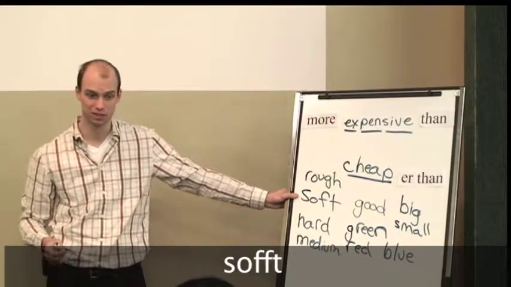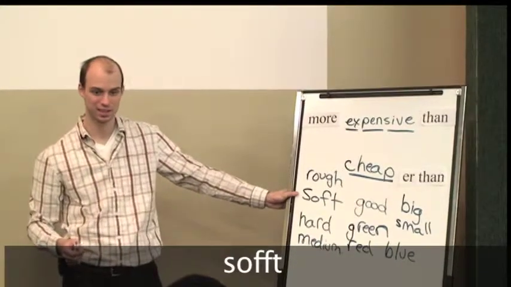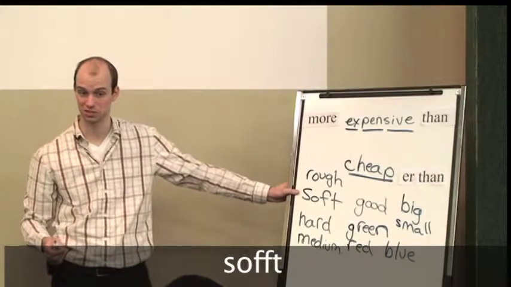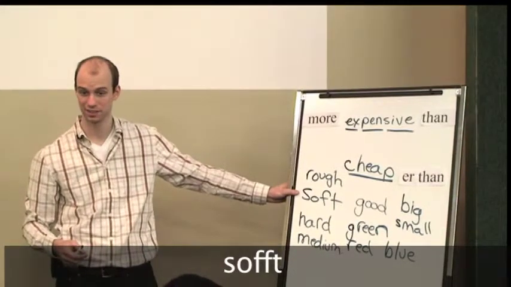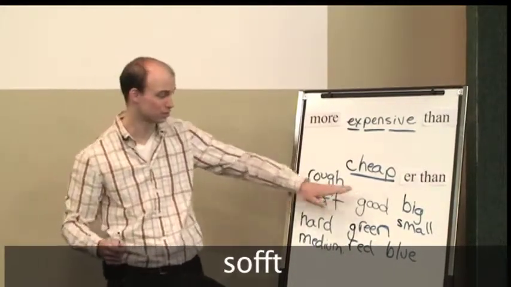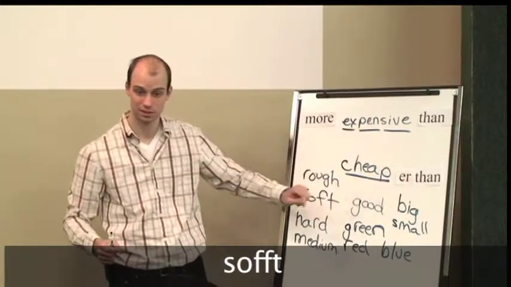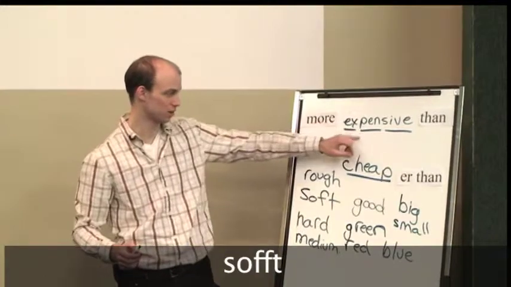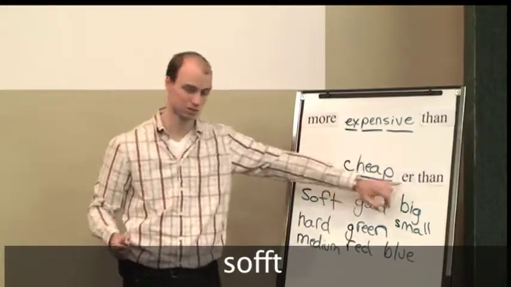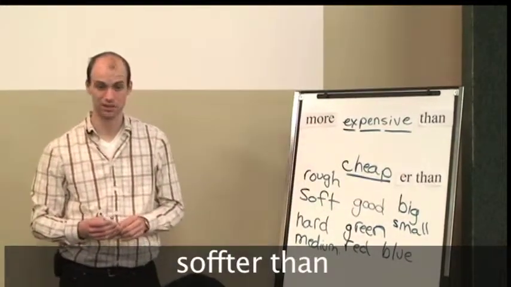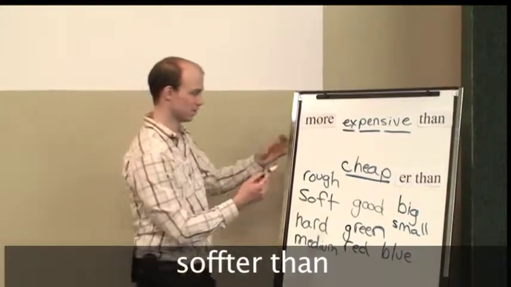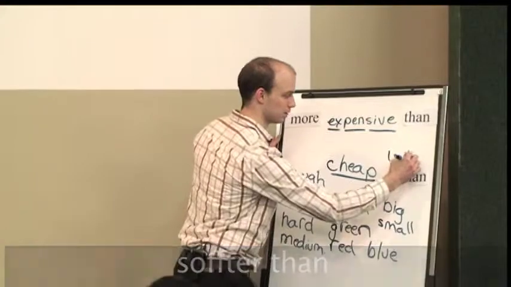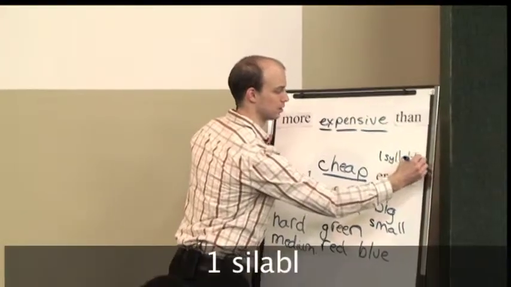How about soft? What would you do for soft? How many syllables in the word soft? 1. So what ending do you use? More soft than or softer than? Softer than, right? So if it's 1 syllable, you add ER.